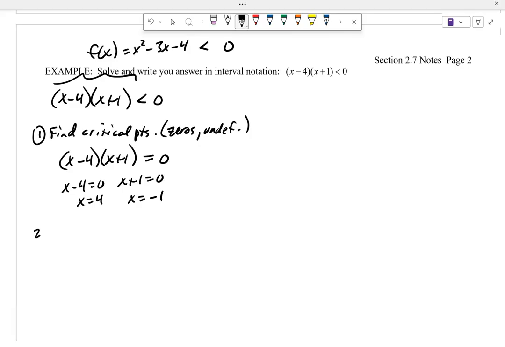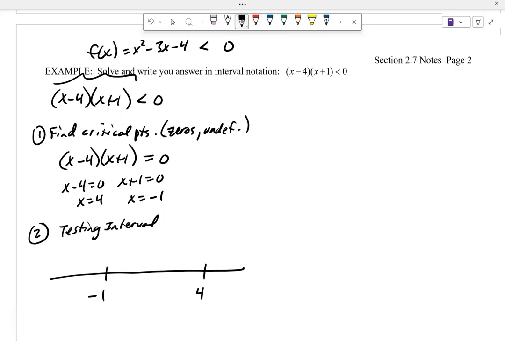Number 2 is, now I'm going to put this on my testing interval: -1 and 4. Now the question is, can I include -1 and 4?